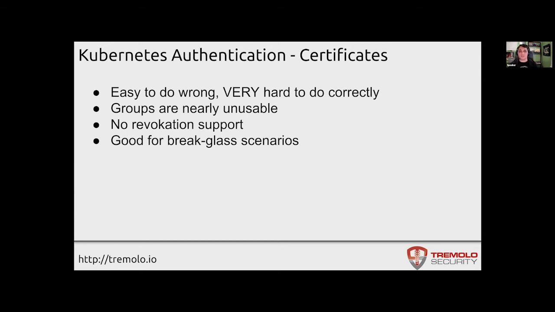Otherwise, it's just a password file. It's just a really big, giant password file that you're passing around. So what most organizations end up doing is, that master config file that was generated when you deployed your cluster. Here, now you have access to the cluster. Can't track who has access to anything, right?